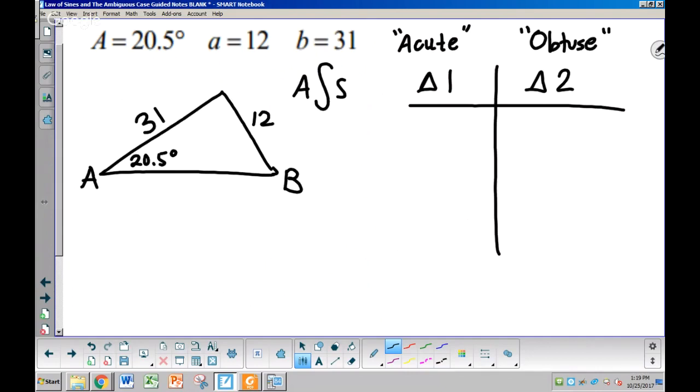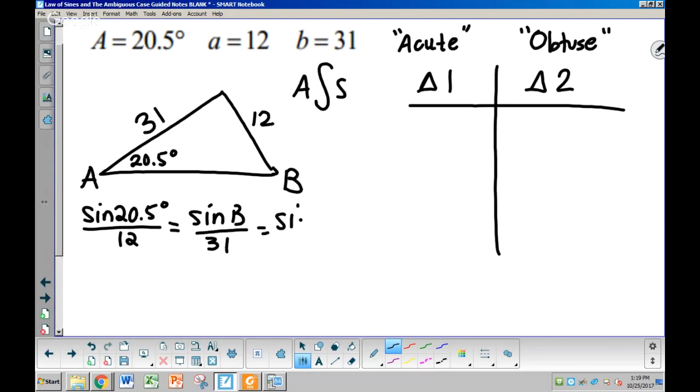We're going to just set up the law of sines, which is going to be sine of 20.5, good, over 12 equals sine of B over 31 equals the sine of C over little side c. So what's my go-to ratio here? A, nice.